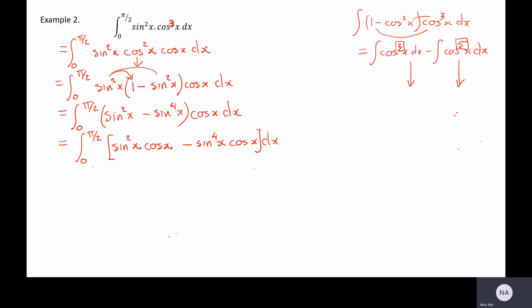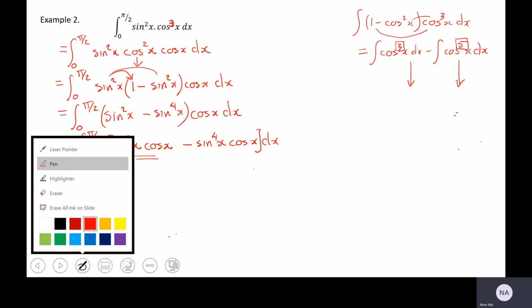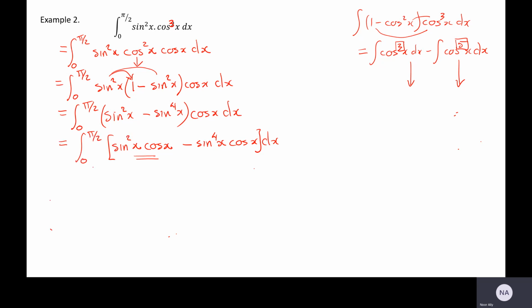Now, how do I integrate sine squared cos of x? Well, it's simple. Because sine is a higher power, you make that equal to u. Just like I explained in the previous example, you could look at it and say, well, if sine is u, then the derivative of sine is du.